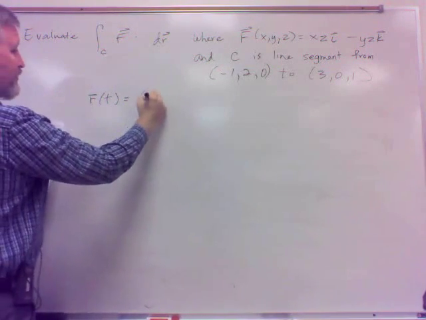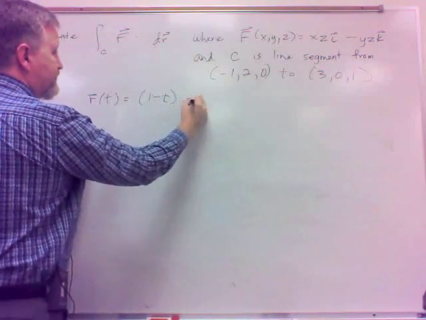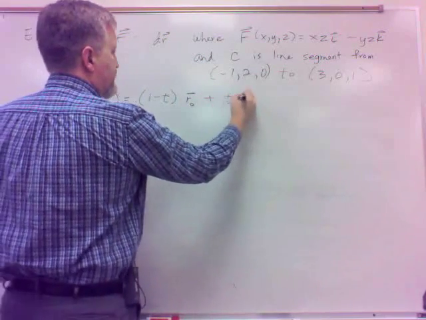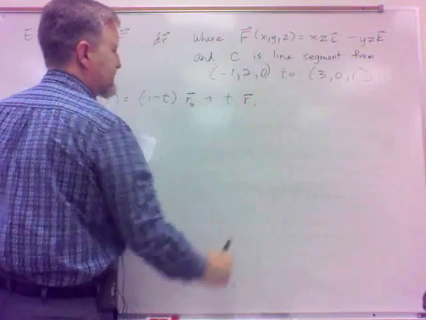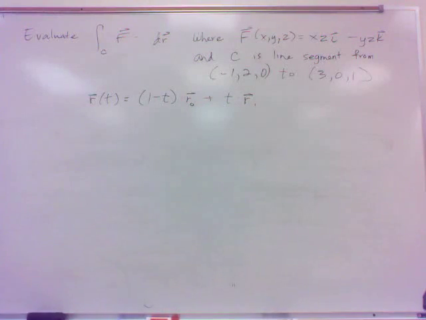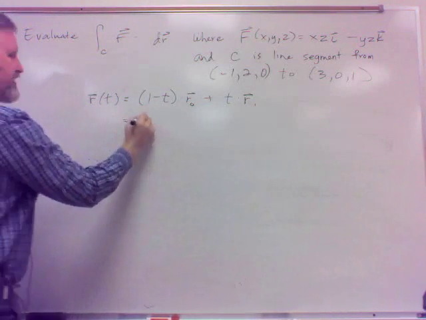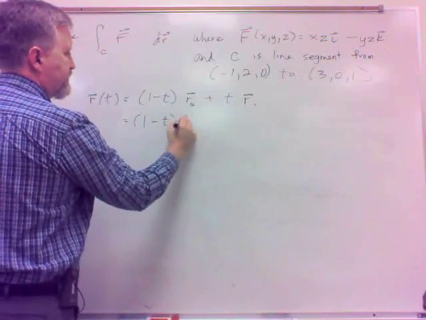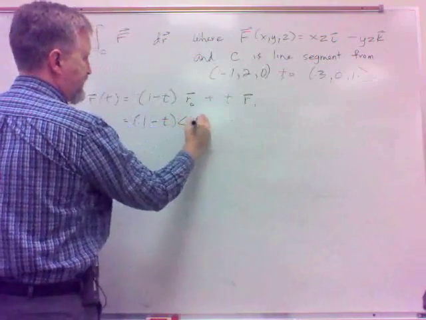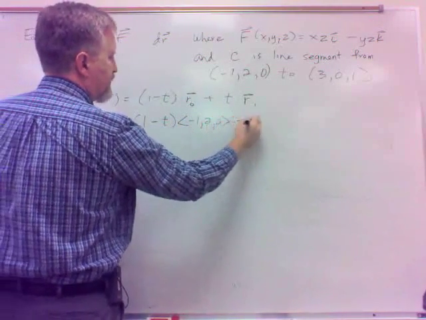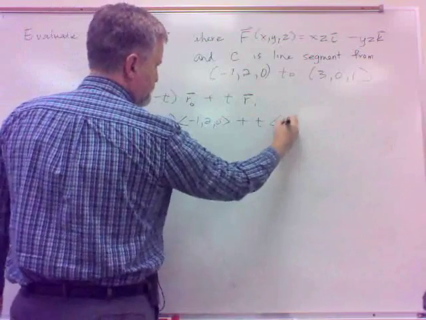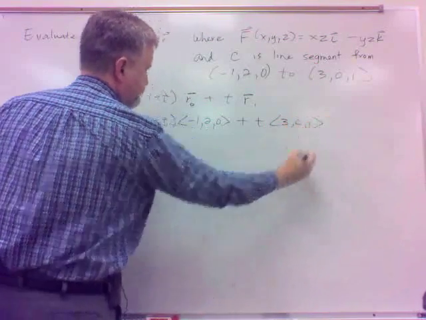You take (1 minus t) times r0 plus t times r1. Here r0 is the vector (-1, 2, 0), and r1 is the vector (3, 0, 1).